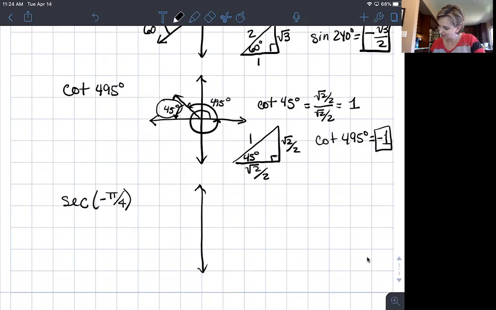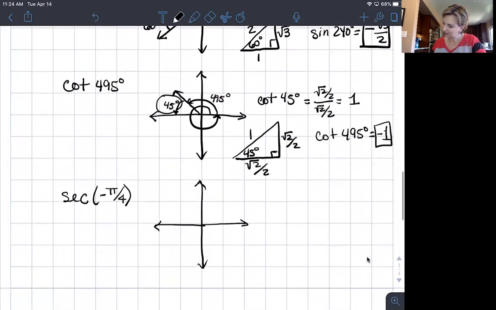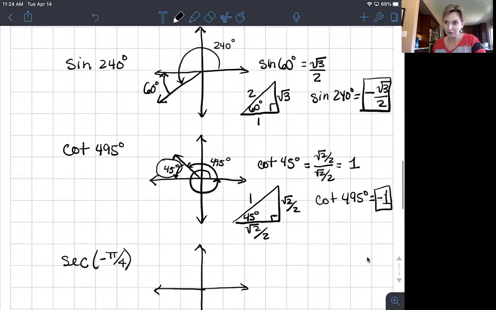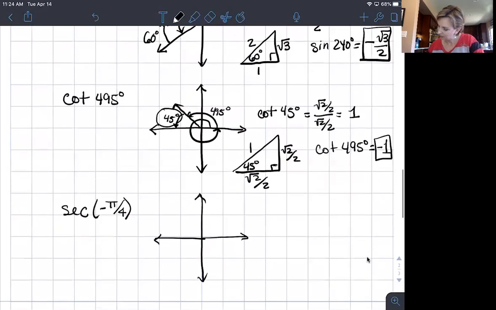All right, so let's find out what is the reference angle for negative pi over 4, right? So negative pi over 4 is right there. Negative 45 degrees puts us in quadrant 4.